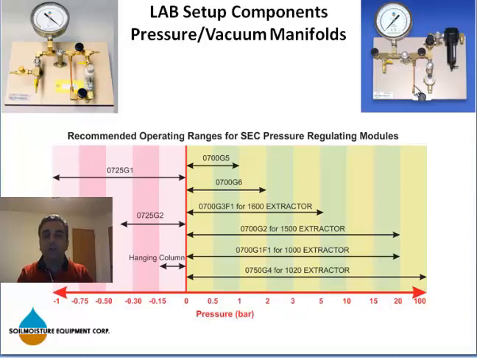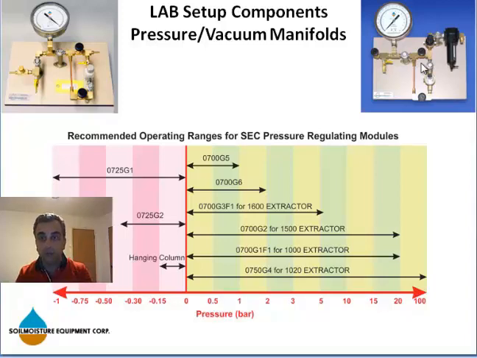I would like to talk a little bit about the importance of pressure and vacuum manifolds. Their critical role is sometimes overlooked by people. They think that a manifold is only a device for adjusting vacuum or pressure level.